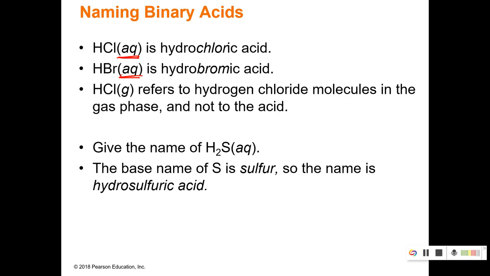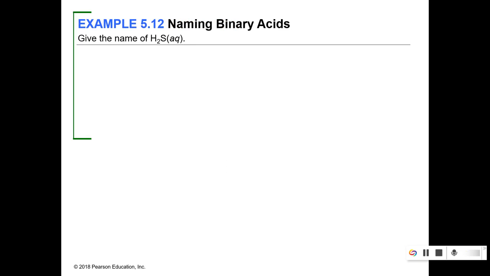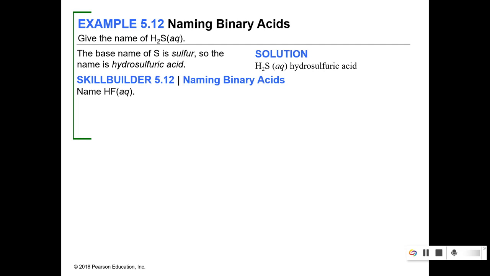So like sulfur, this is hydrosulfuric acid because the whole word gets kept in sulfur. HF. So this is hydro. We know it's some kind of acid. And then the base of fluorine is fluor. And then you need to write ic. So that is hydrofluoric acid.